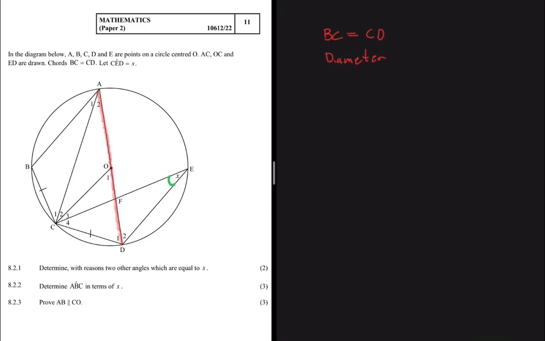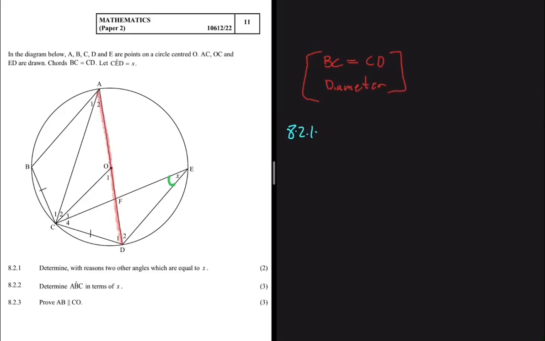Essentially, we should be able to solve our problems with only these two keywords and nothing else, except just the basics, like the sum of angles in a straight line and so on. So let's look at 8.2.1, which says to determine with reasons 2 other angles which are equal to x.